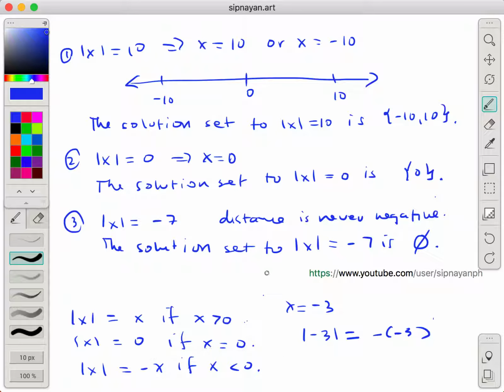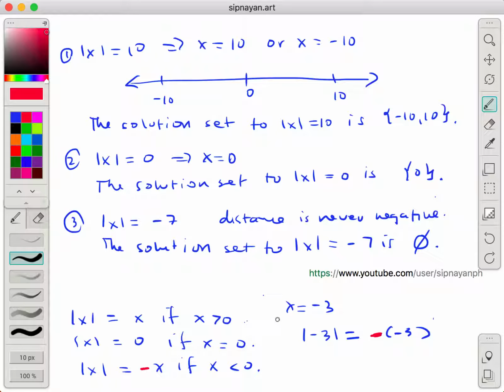So the negative, pwede siguro ibahin natin yung kulay para makita natin. Ito yung negative, ito yung x natin. Kaya, it will make the negative value equal to positive kasi magdo-double negative siya dito. Okay, so nagets nyo?